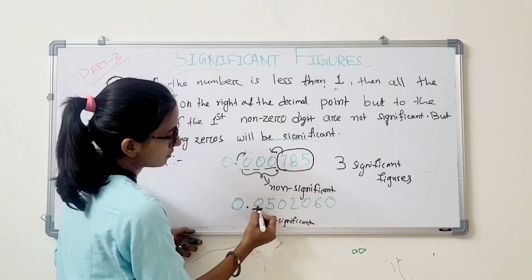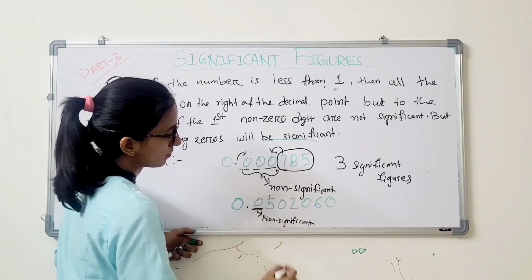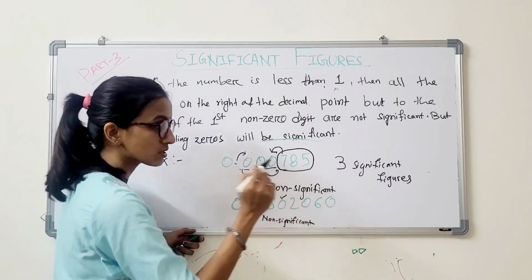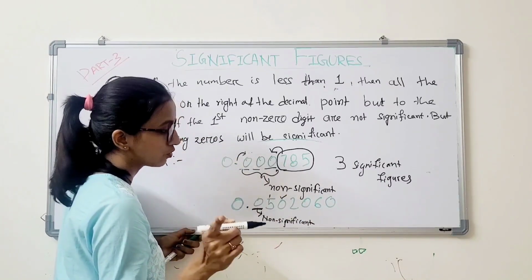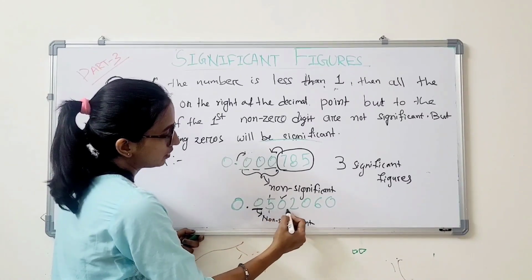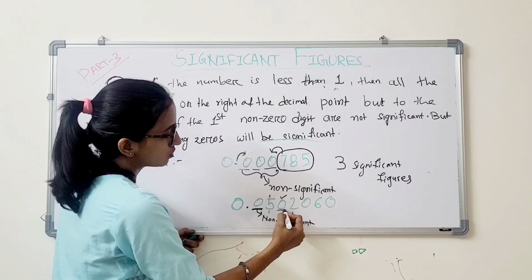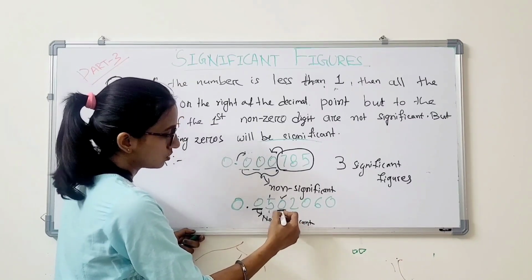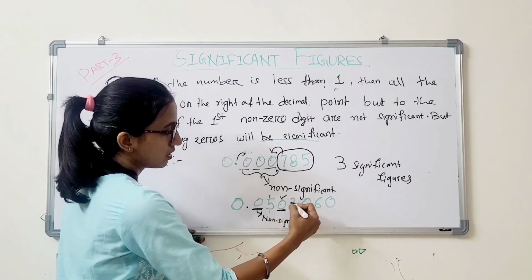And it is on the left side of the first non-zero digit. But this 0 is following the second rule that we learned now, that in between two non-zero digits, if a 0 comes, then it will be considered as significant. So this 0 will be significant.